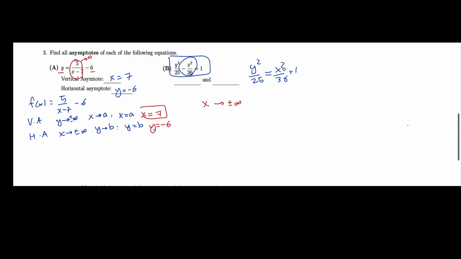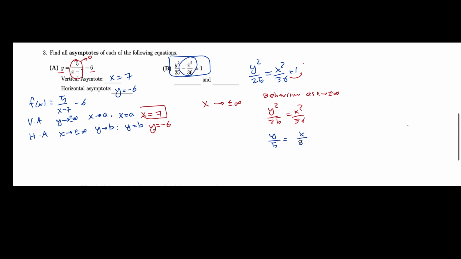So I can think that the behavior as x goes to positive or negative infinity ignores the 1, and it's going to look like this, basically. And now that I know the behavior looks like that as x approaches plus or minus infinity, I can take the square root, say y over 5 is equal to x over 6.